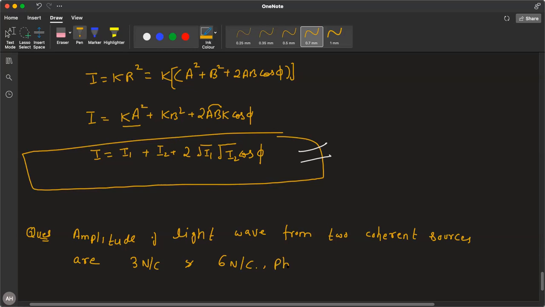Phase difference, let's say, is pi by 6. Calculate the amplitude of the resultant wave.